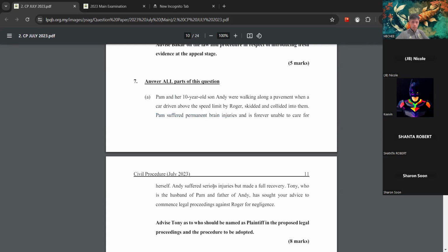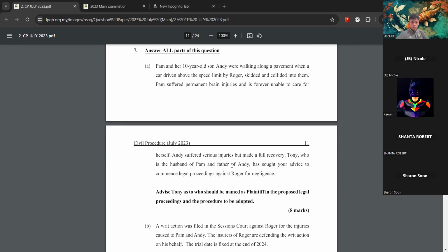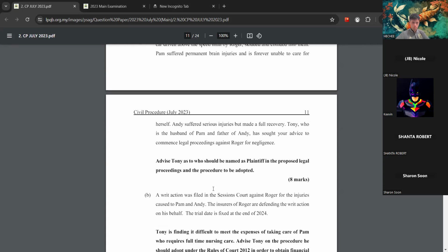Andy suffered serious injuries, but made a full recovery. Tony, who is the husband of Pam and father of Andy, sought their advice to commence legal proceedings against Roger for negligence. Advise Tony as to who should be named as the plaintiff in the legal action and the procedure to be adopted. 8 marks.